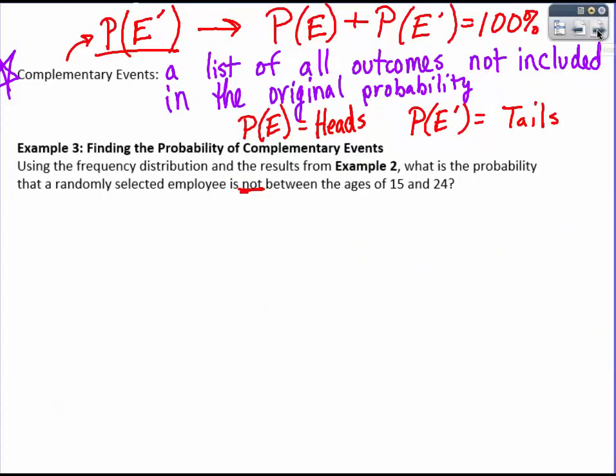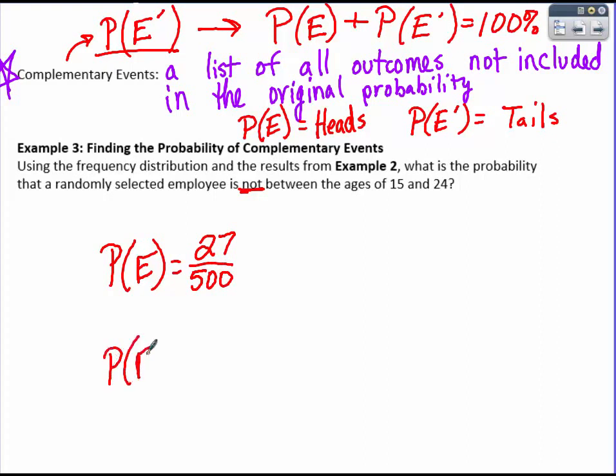Right? That is the probability of E. Now, I want to know the probability of E prime. The probability they're not between 15 and 24.